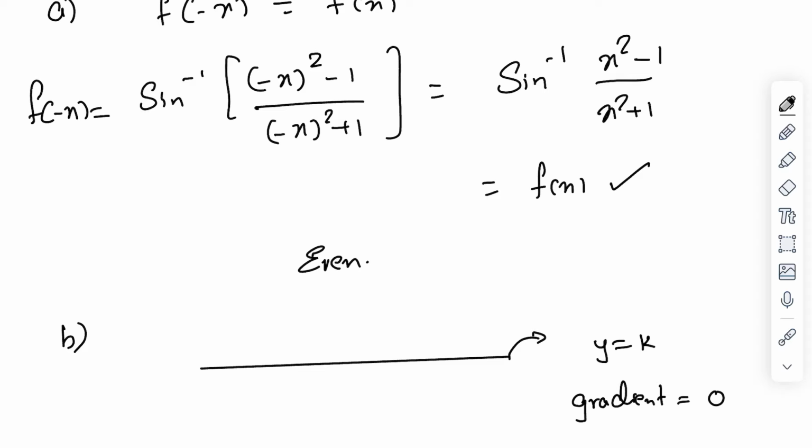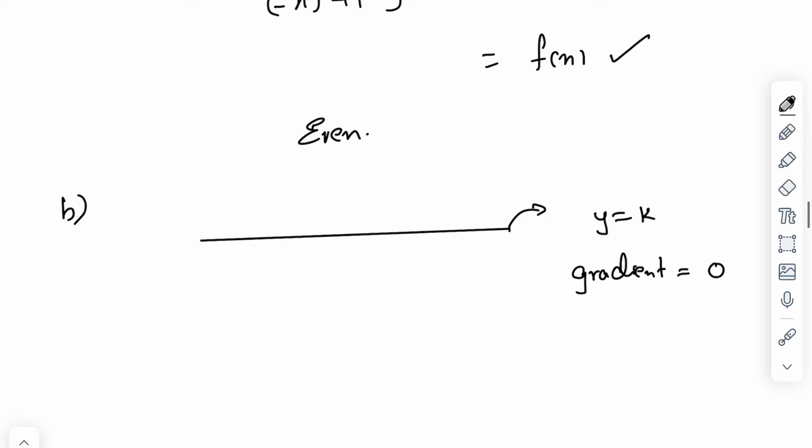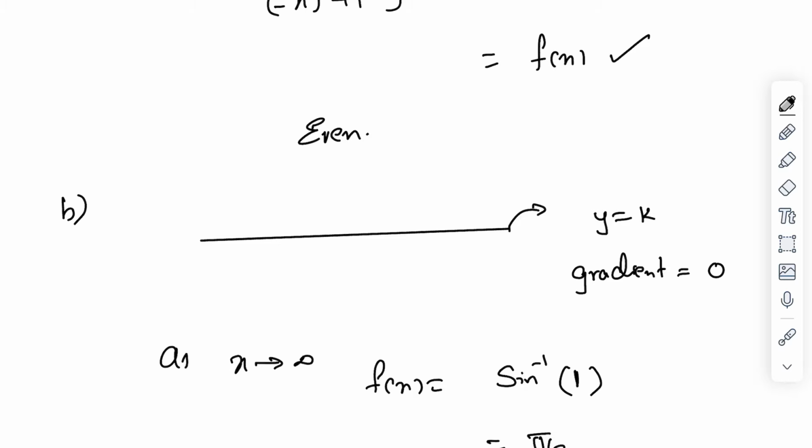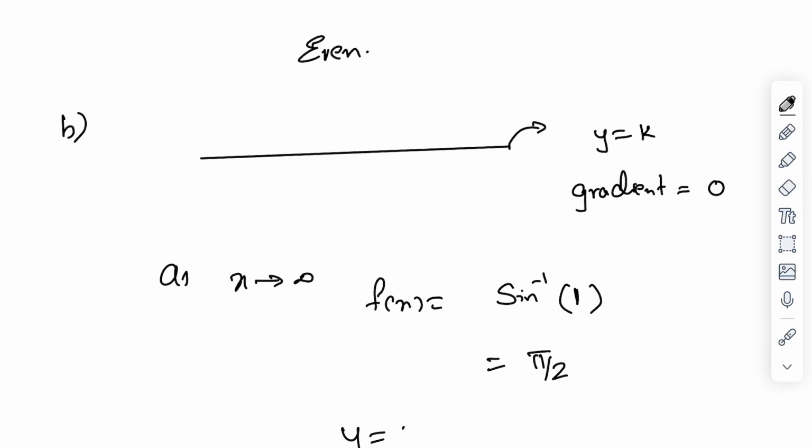For that, as x tends to infinity, f of x becomes sine inverse of infinity upon infinity, which is nothing but arc sine 1, which is pi by 2. Therefore, y equals pi by 2 is going to be my horizontal asymptote.